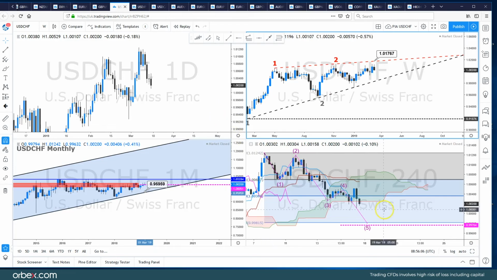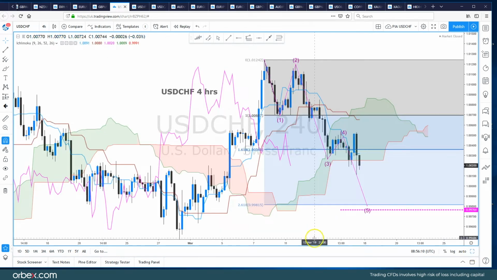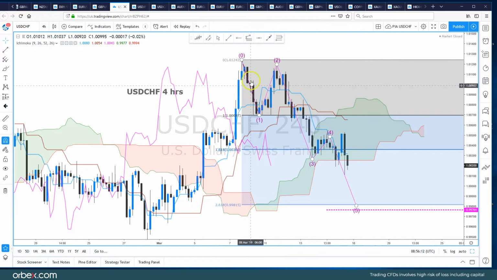And again, what I quite like on an intraday or short-term basis is this 4-hour chart. 1, 2, 3, 4, and then going down here in 5, and that probably will be a very good area to buy into next week, because we've got 99.81 as a 261.8% extension level, and 99.76 is our bespoke support.